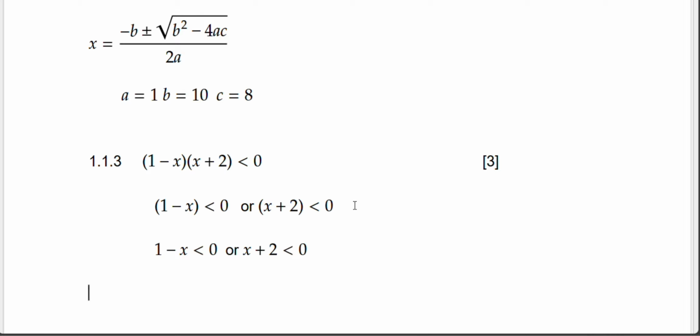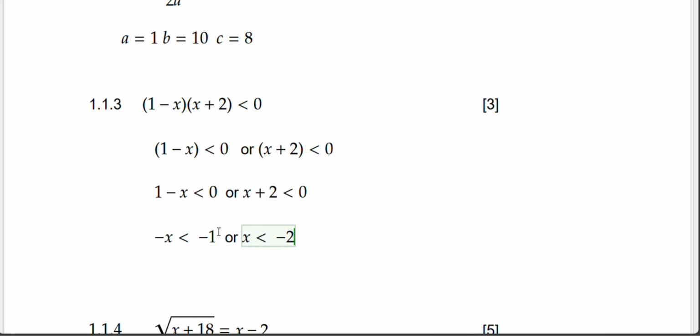So okay, now we can take out 1 to the other side. So it's going to be negative x is less than negative 1. Oh, sorry, it's less than negative 1. So okay, or x is less than negative 2.